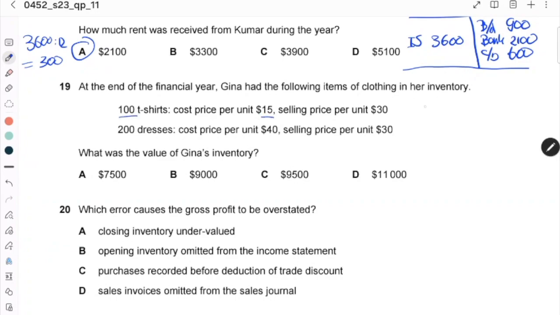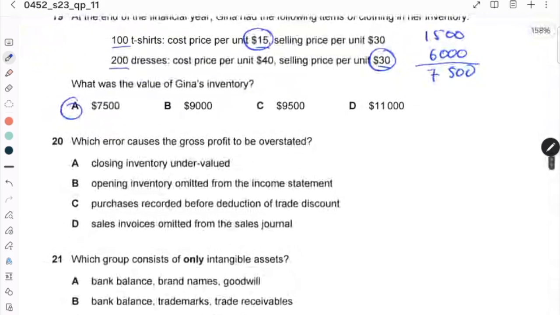So 100 times 15 is 1,500 and 200 times 30 is 6,000. So the value of inventory is 7,500. 19 is A. You choose the lowest from selling and cost price.